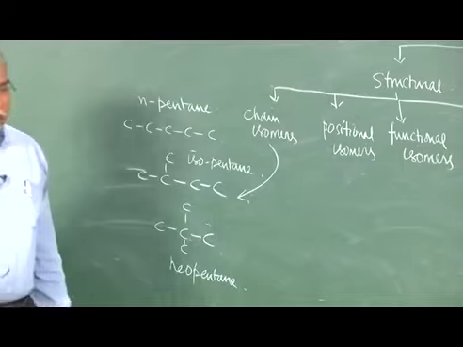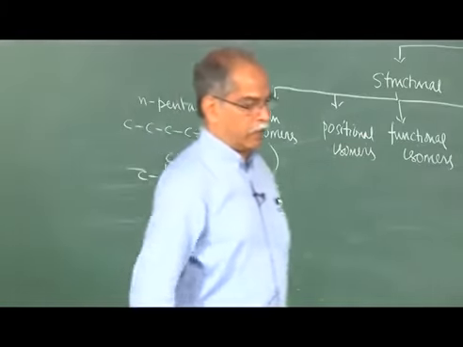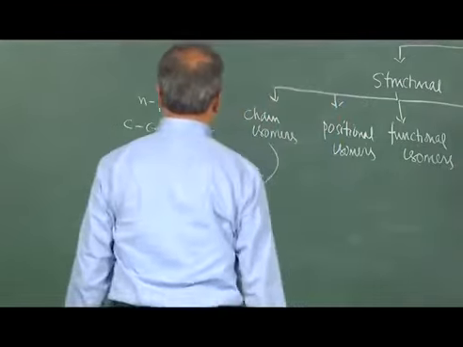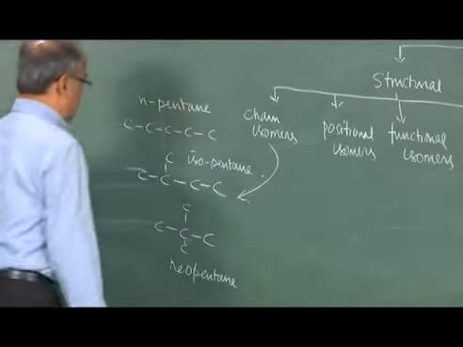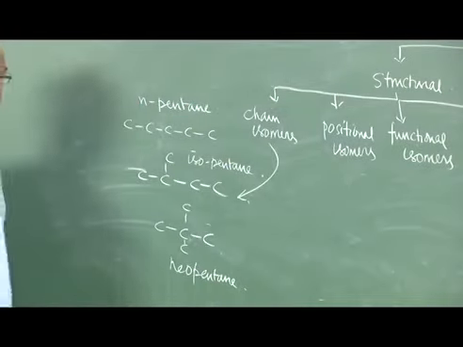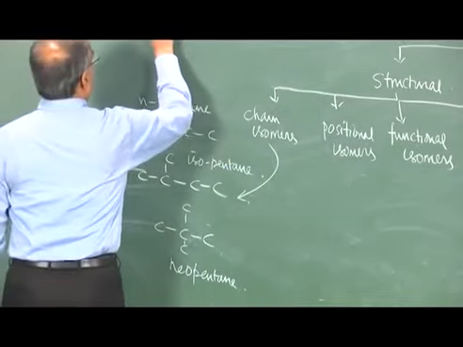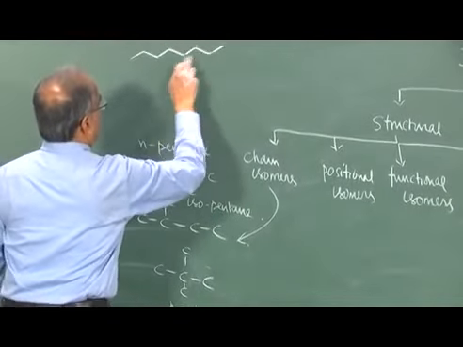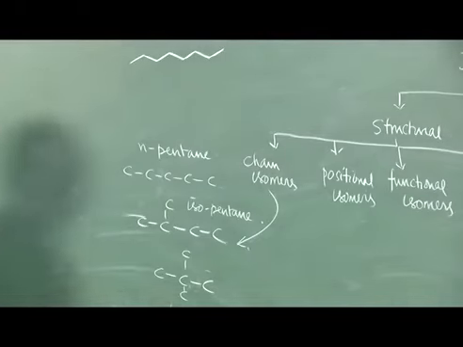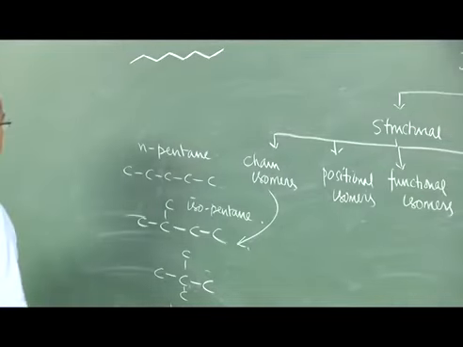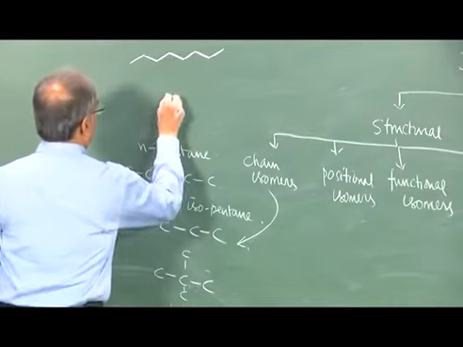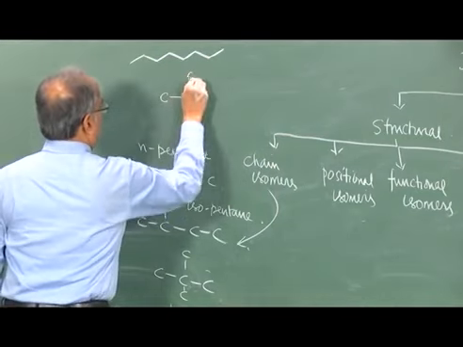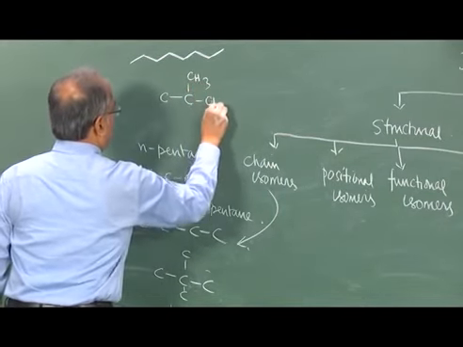So, if you have more carbons in the chain, the number of possible isomers also keeps going up, because you can have branching at various positions. For example, this is octane, 2, 4, 6, 8, there are 8 carbons in this chain. So, this is octane. This is an isomer of the same compound.